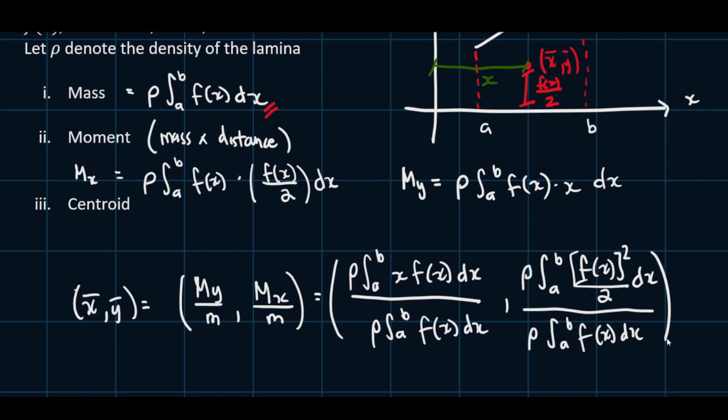Okay, it looks scary if we write it this way. But take note, the density here is non-zero, so technically we can cancel the density. And note that the denominator would simply be the area of the region.